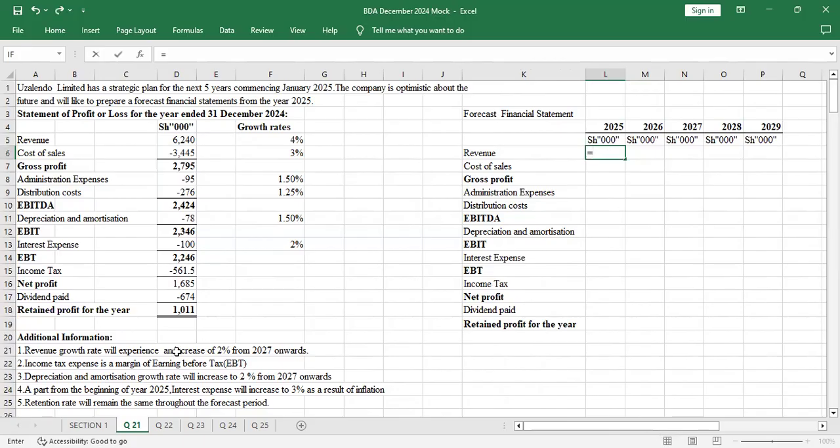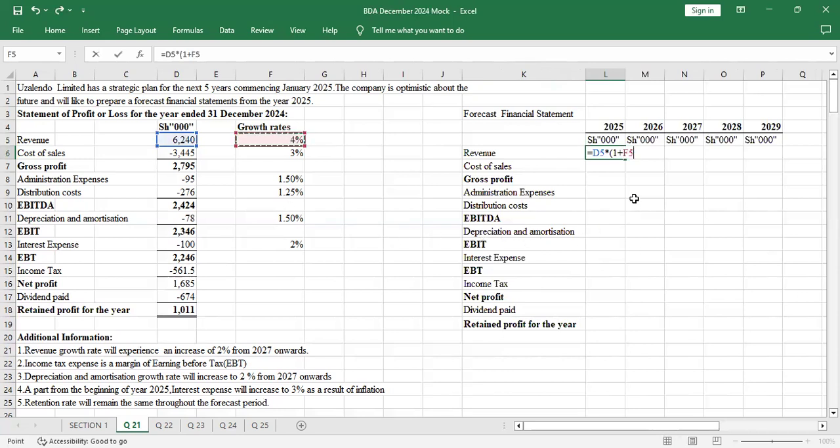So revenue, we are told in additional information number one that revenue growth rate will experience an increase of 2% from 2027 onward. So it means that for 2025 and 2026, I'll use the growth rate which is provided in the information. So I'll take this value, then multiply by bracket 1 plus the growth rate.